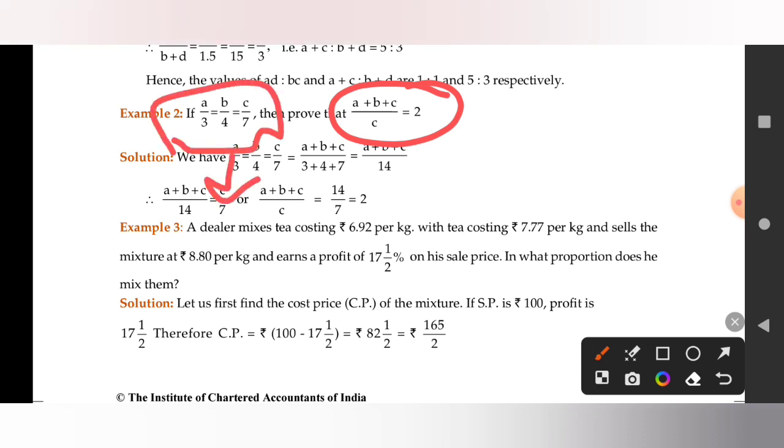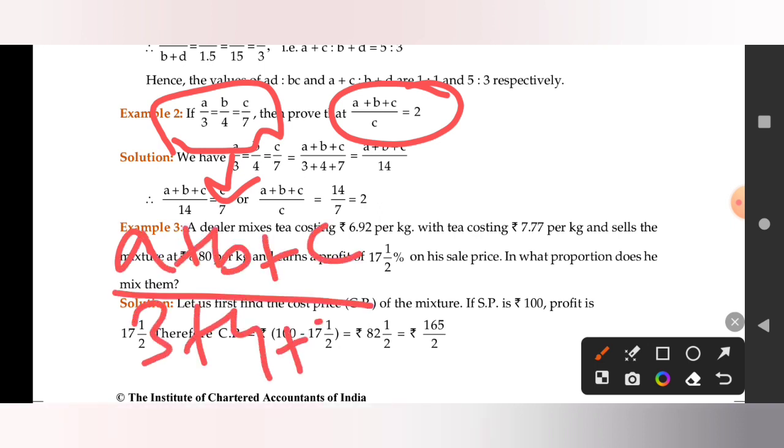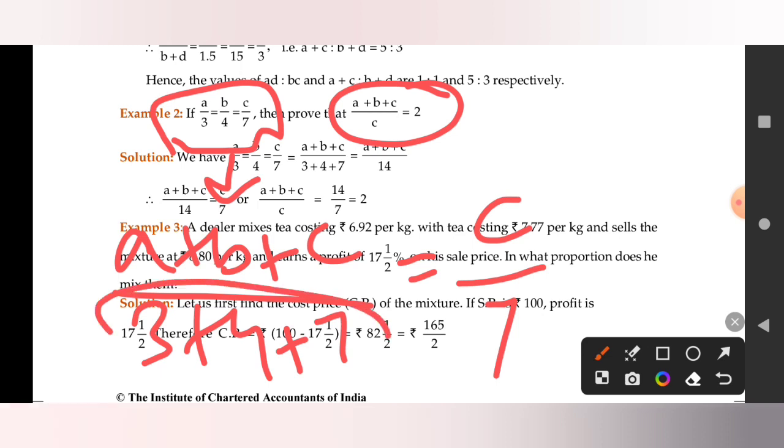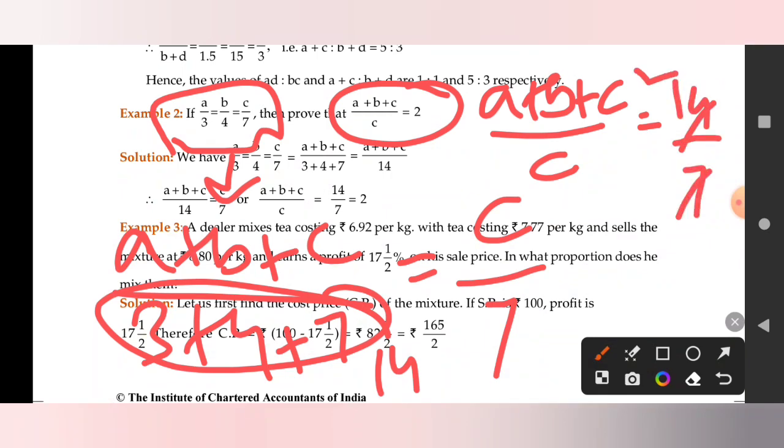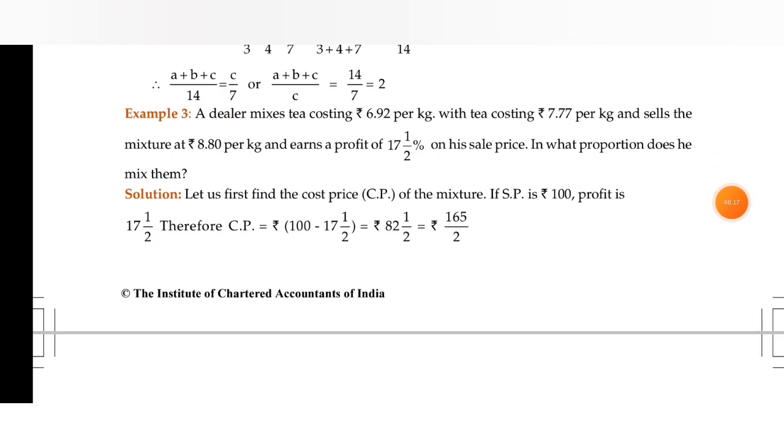So you get A plus B plus C divided by 3 plus 4 plus 7, which is equal to the last ratio C by 7, because all are equal. Adding the denominators, the total is 14. So A plus B plus C is equal to 14 by 7, which is equal to 2. So this is what we had to prove, hence proved.